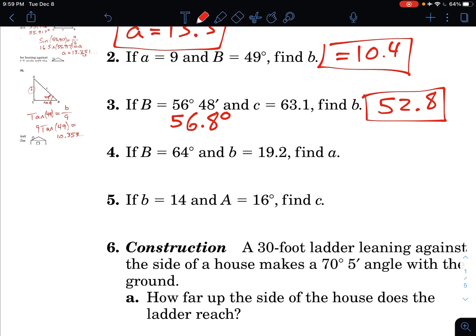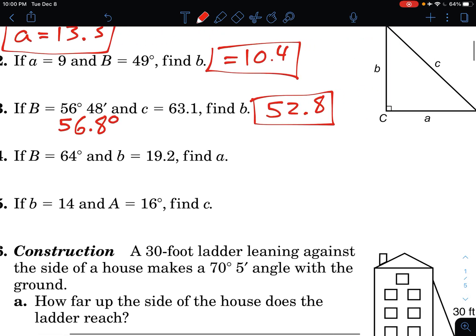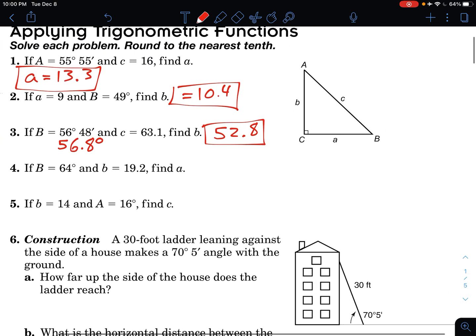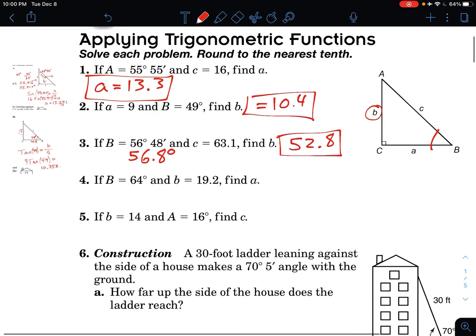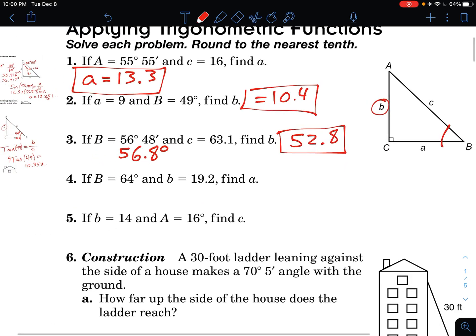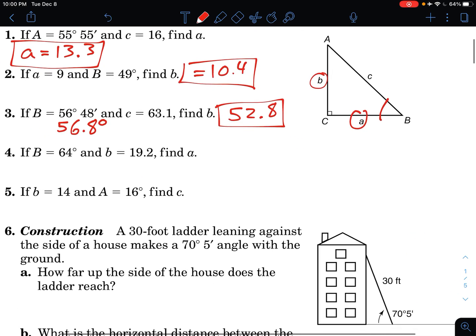So number 4, if B is 64 degrees, that's this angle, and little b is 19.2, that's right here, find A. So A is the adjacent, B is the opposite. So what trig function are we going to use, class?